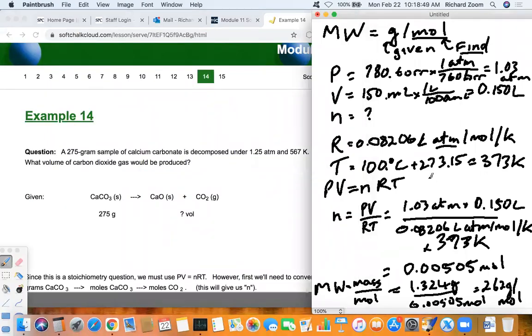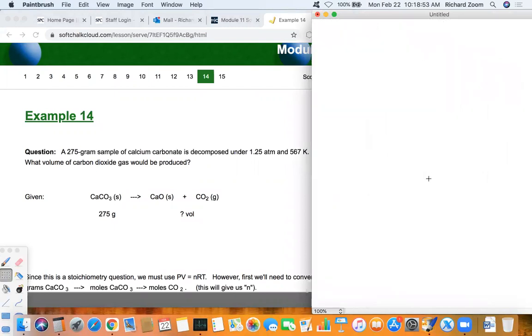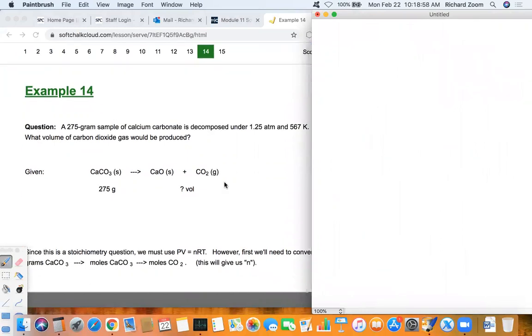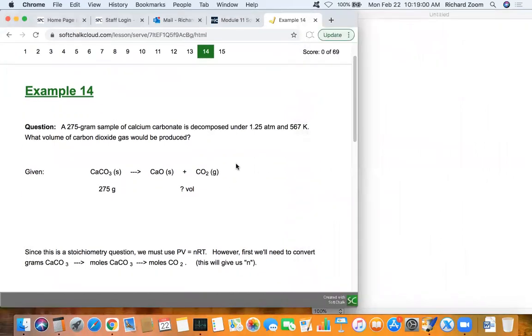We can also apply this to some stoichiometry as well. So if we were given this kind of problem, a 275 gram sample of calcium carbonate is decomposed under certain conditions, 1.25 atmospheres, 567 Kelvin, what volume of carbon dioxide would be produced?